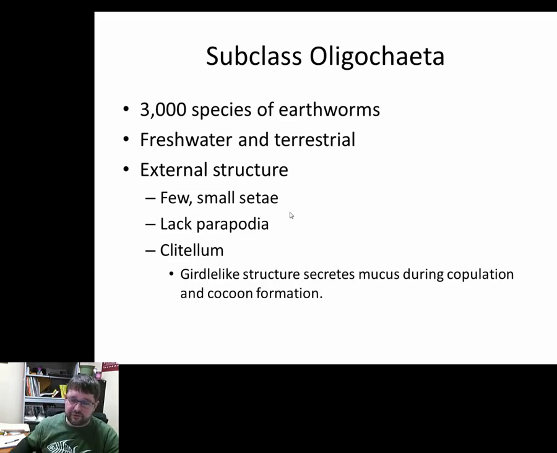And then, like I said, what distinguishes them into this class is the clitellum, that region that I showed you a second ago. And that is a region that's associated with copulation, reproduction, and cocoon formation.